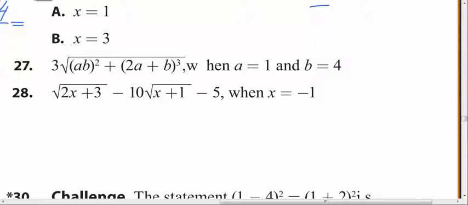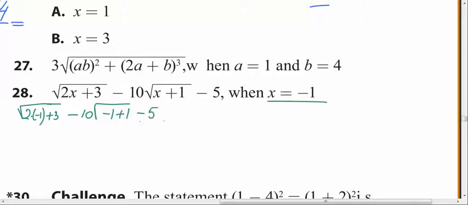We have to evaluate this expression here, right? And they're telling us that x equals -1. Alright, x equals -1, plug it in, right? I have square root of 2 times -1 plus 3 minus 10 times square root of -1 plus 1 minus 5.